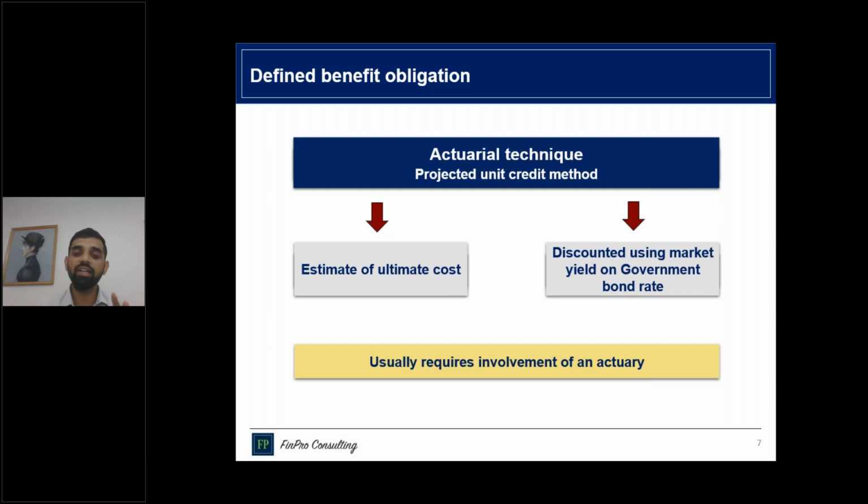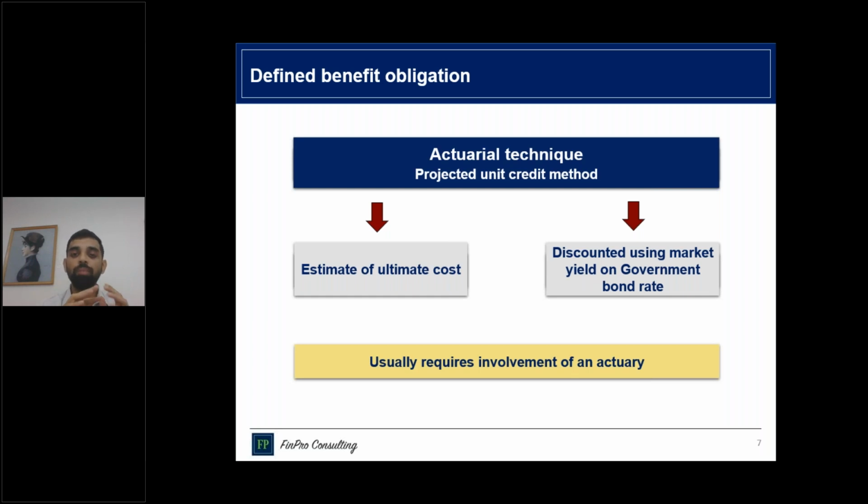And the second criterion is, what is the tenure of that government bond? If you see, there are several tenures: 1 year, 3 years, 5 years, 10 years, etc. So which government bond of which tenure should I consider while determining a discount rate?